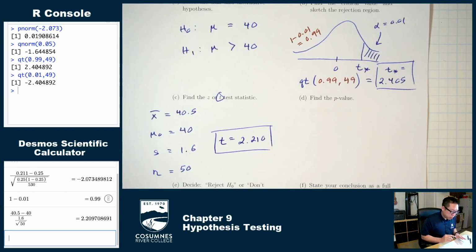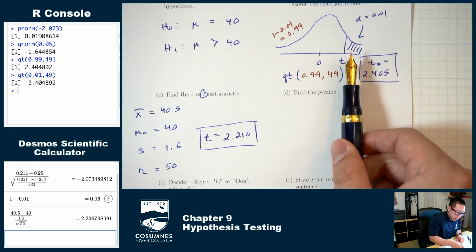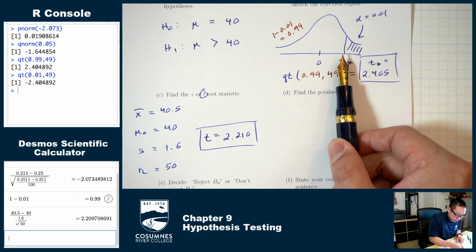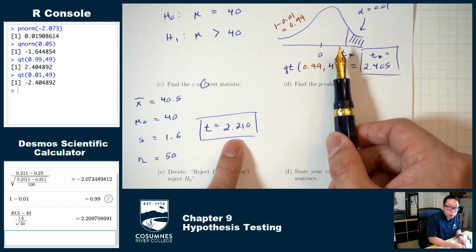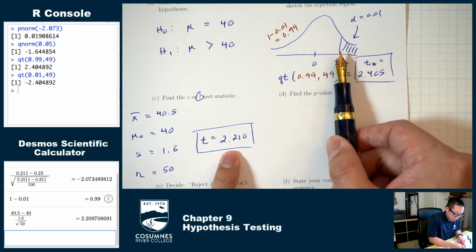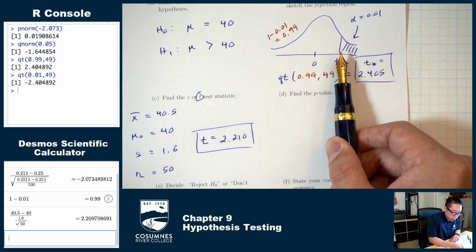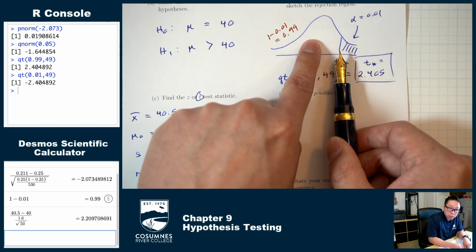Now already we should be able to know whether we reject or don't reject. Okay, T star is 2.405. The question is, where is 2.210? Is it in the shaded region or is it in the unshaded region? 2.210 should be to the left of 2.405. So that will put it in the unshaded region.